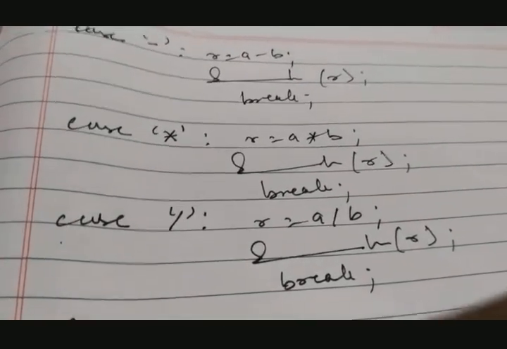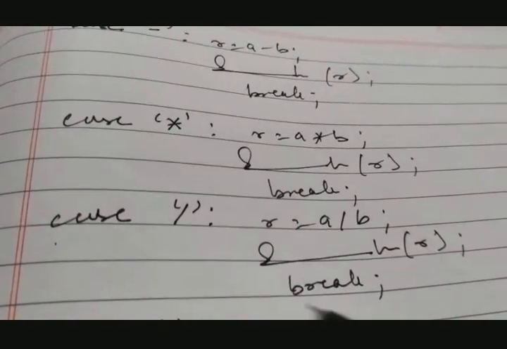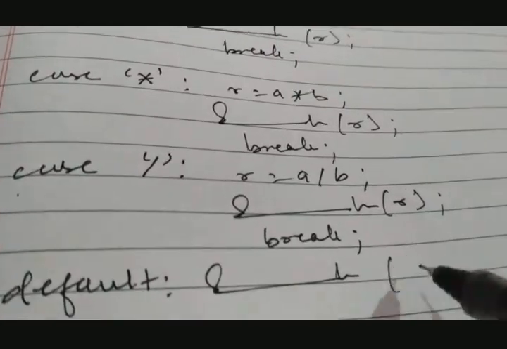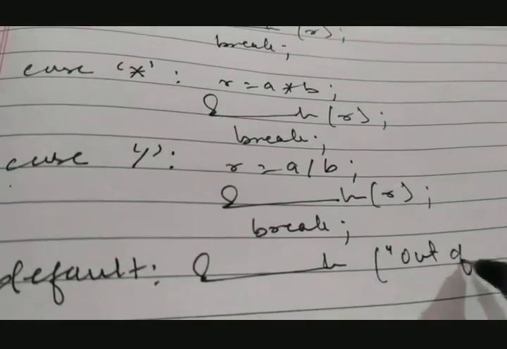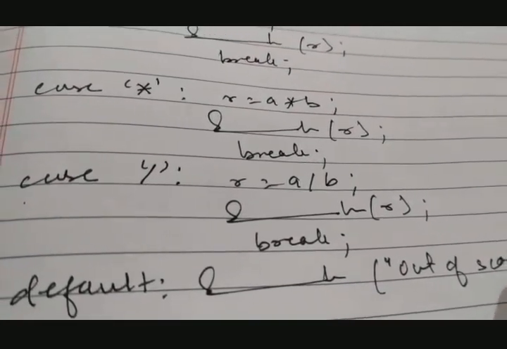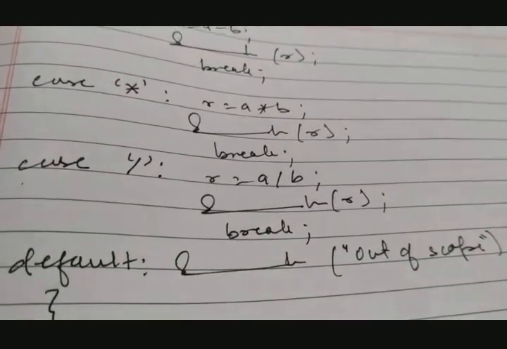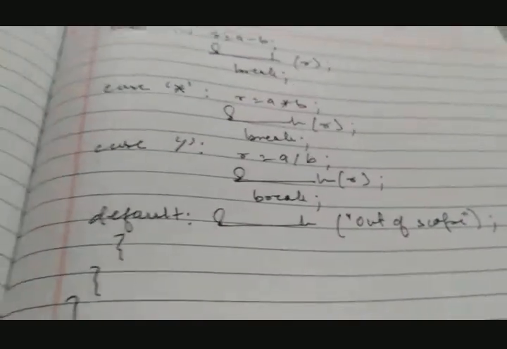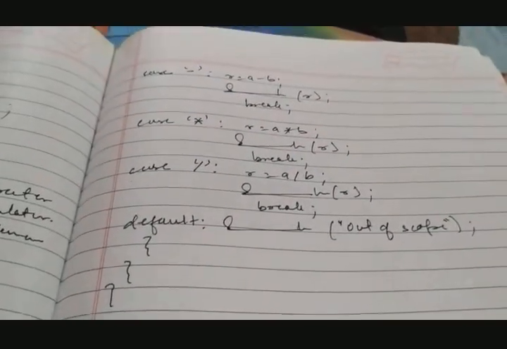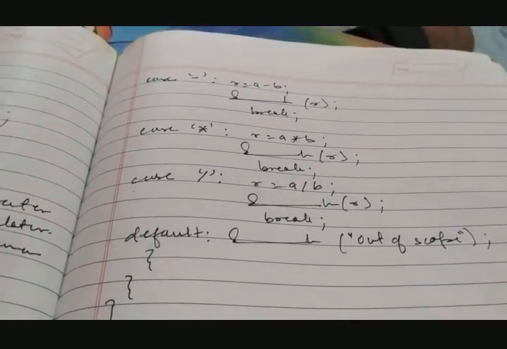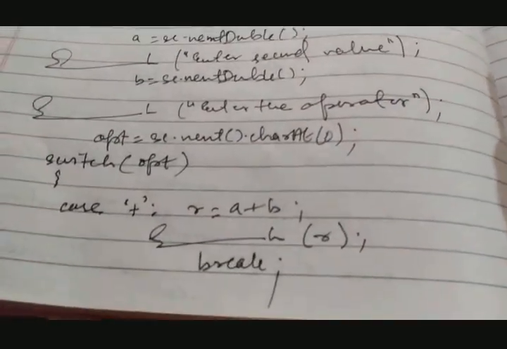Default: apart from this, if anybody enters anything else, out of scope. Close the switch, close the main, close the class. This is how a simple calculator has to be constructed.